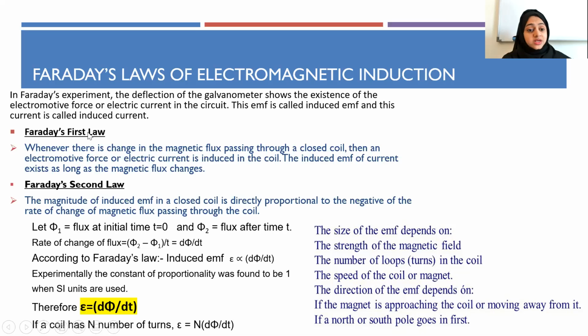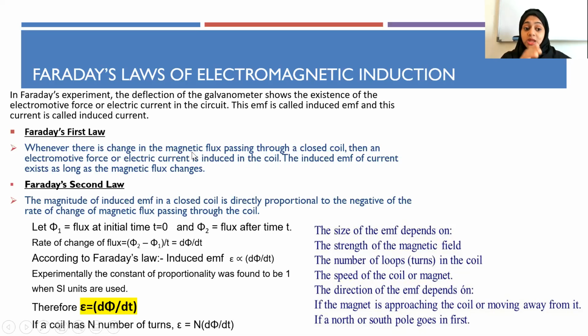Now, Faraday's first law states: whenever there is a change in the magnetic flux passing through a closed coil, then an electromotive force or electric current is induced in the coil. Why did we discuss magnetic flux before this? Because the term is used in the first law and also in the second law.